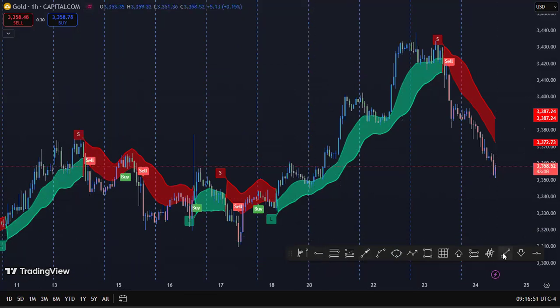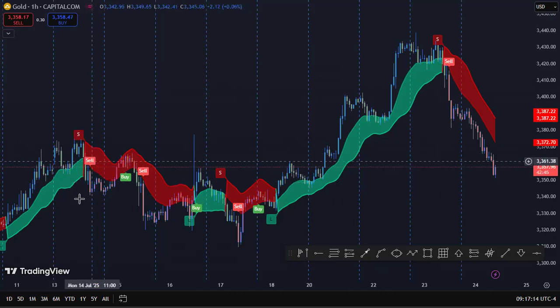What I like about this system also, if you have the knowledge of price action, you can still combine price action with this indicator, okay. We had a market shift with full momentum. As soon as we had that, usually I don't recommend entering immediately as soon as you have the sell signal or the buy signal.